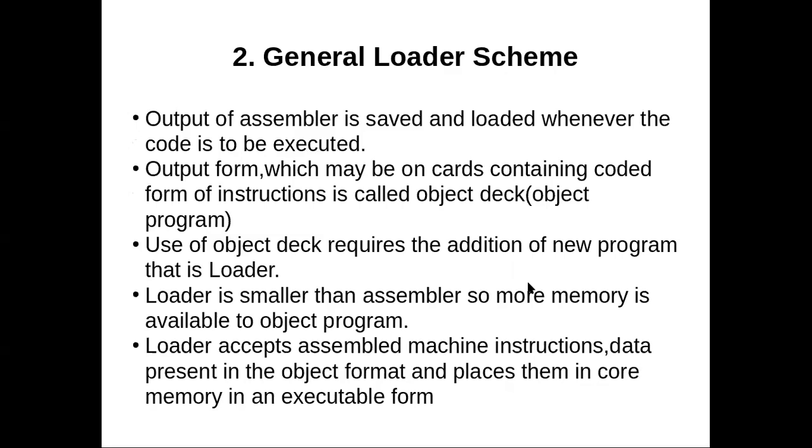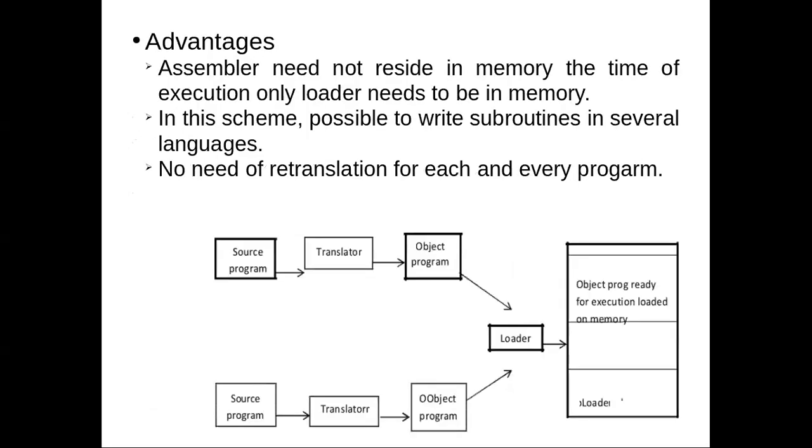In the general loader scheme, first you can start with the diagram. You can see here, this is the representation of your general loading scheme. Here you can see the memory representation. In this memory, we are not storing our assembler program. Instead, we keep our assembler program outside, and we give the source program as input to the assembler.